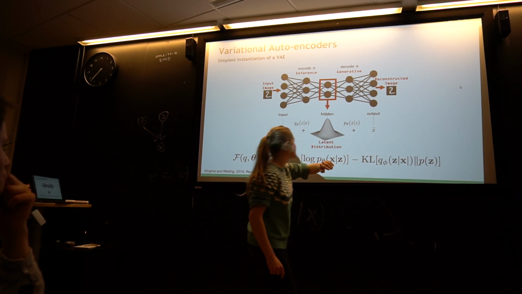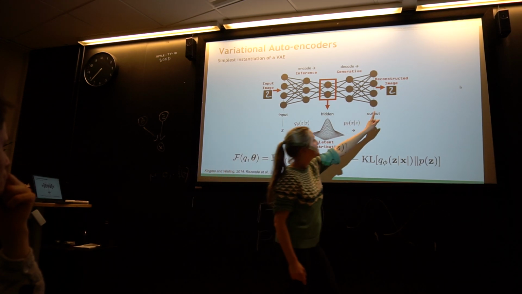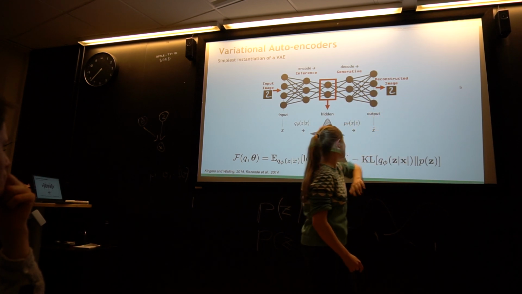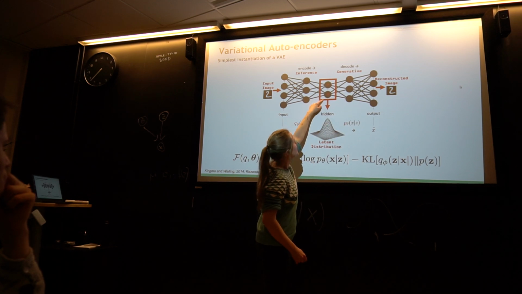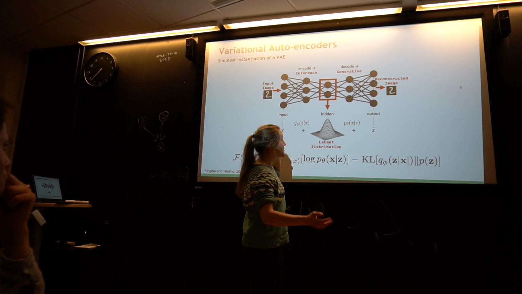The way that you train this is by having the log likelihood of the original image given this prediction, and then you also have the KL divergence between whatever you learn here and a prior that says it should, for example, be a standard normal.